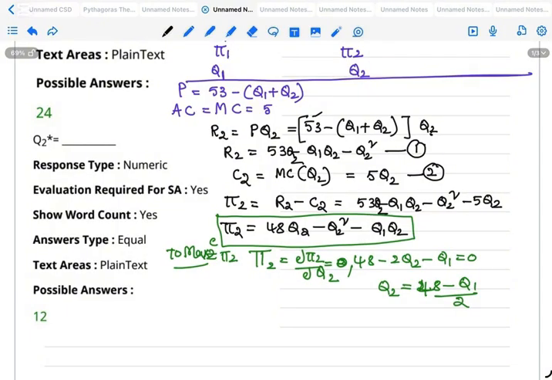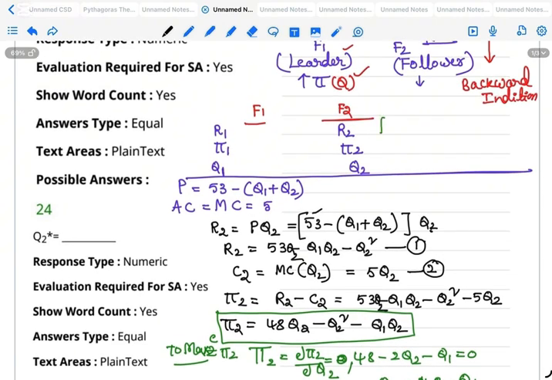So Q2 equals 24 minus Q1 by 2. So what we have found is Q2 in terms of Q1.